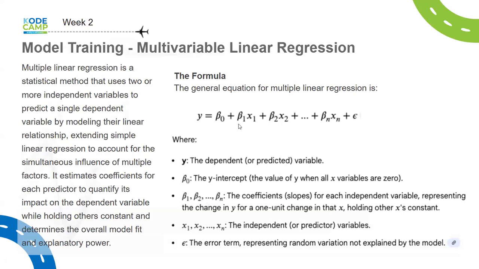So here, instead of using M, we are using beta 1, beta 2, beta N. These are just, again, parameters. And then you have beta 0. The C that we were using to represent the constant or the intercept is now beta 0, just to unify it, right? That is multivariable linear regression.